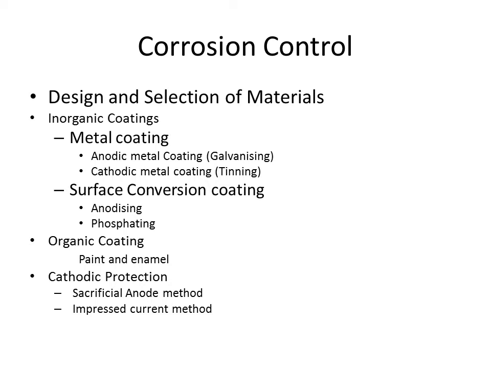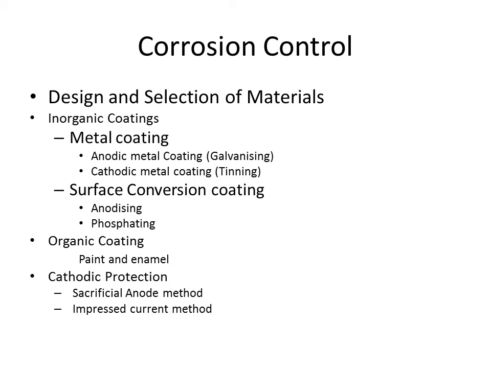As the name indicates, anodic metal coating is nothing but the base metal which you want to protect will be coated with another layer and that metal will be having lower electrode potential value than the base metal. In the case of cathodic metal coating, the coating metal will be cathodic in nature, means it will have higher electrode potential value than the base metal to be protected.